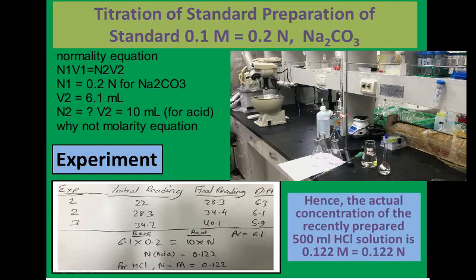In this way we can find the concentration of hydrochloric acid using standard sodium carbonate solution. So this is the method for preparing standard hydrochloric acid from strong concentrated hydrochloric acid, which is available commercially.